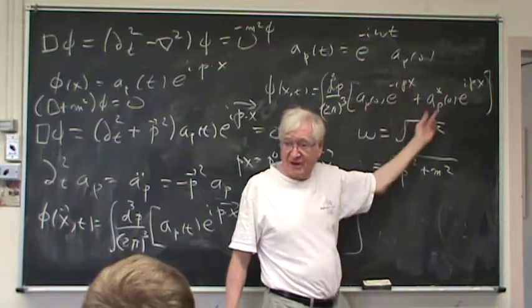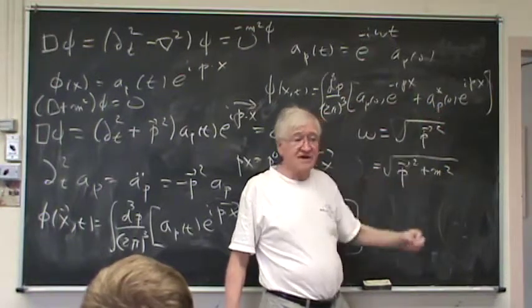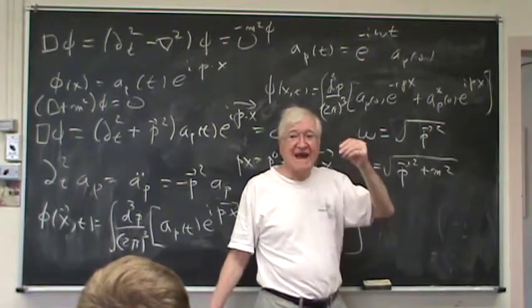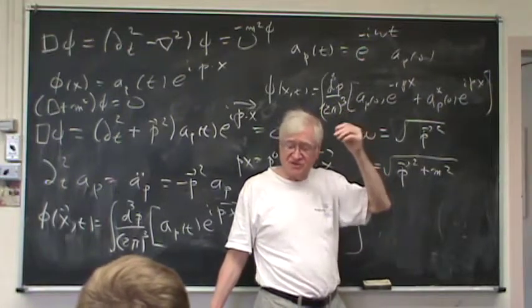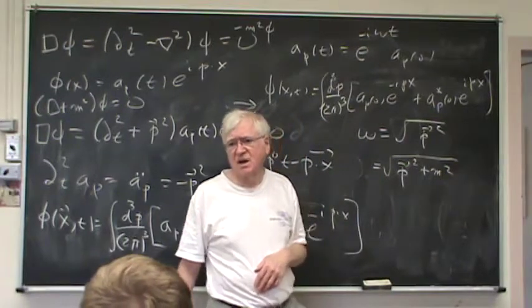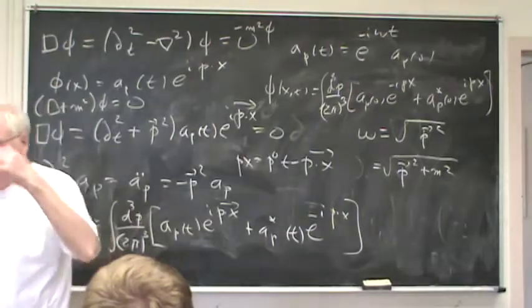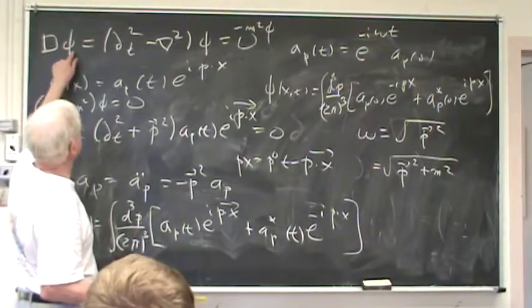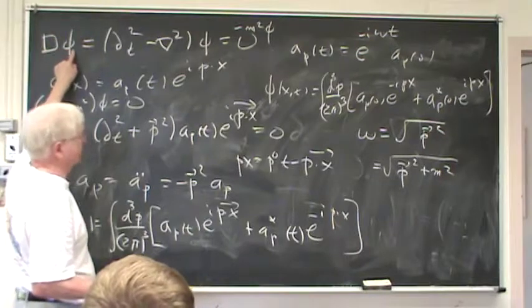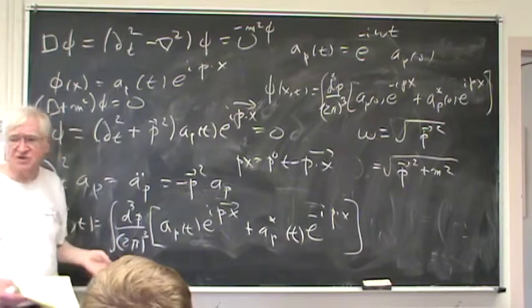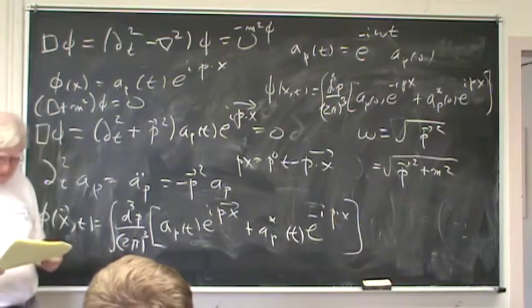So both are operators, not numbers. And then you think of them as the nth level of that mode means n photons or n particles in that mode. So we are applying this box on some operator. As a quantum field equation, this is an operator. As a classical equation, it's just a function or a field, a classical field.